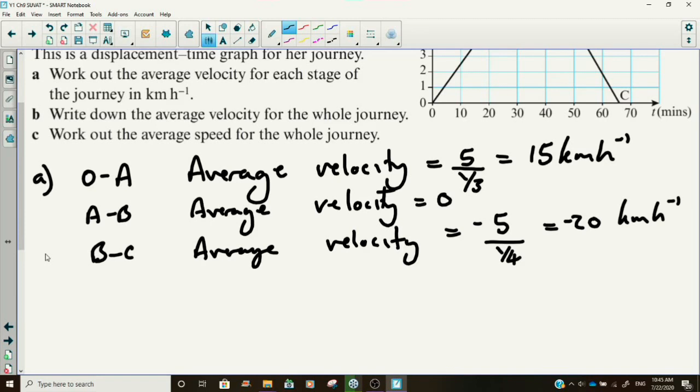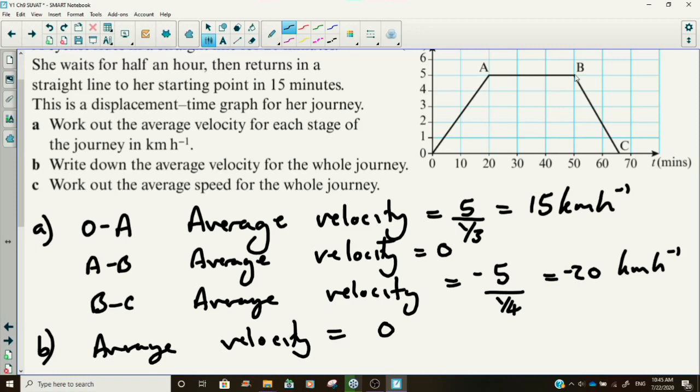For part C, we need to work out the average speed for the whole journey. Now, average speed is the total distance travelled over the total time. So from 0 to A, the cyclist has travelled 5 kilometres. They then stay at that 5 kilometre displacement until they get to B, and then they return back to the start.